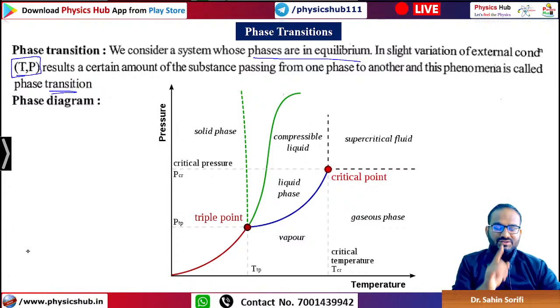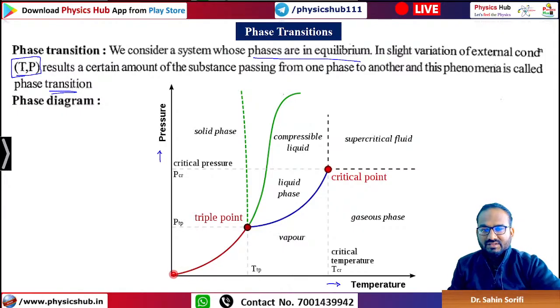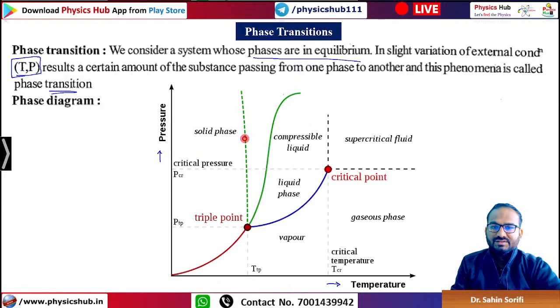Now the phase transition is best illustrated by this pressure temperature diagram. As you can see in this pressure temperature diagram, there are three lines, one is this line, another one is this line, another one is this line. These three lines are used to separate the solid phase, liquid phase, and vapor phase.